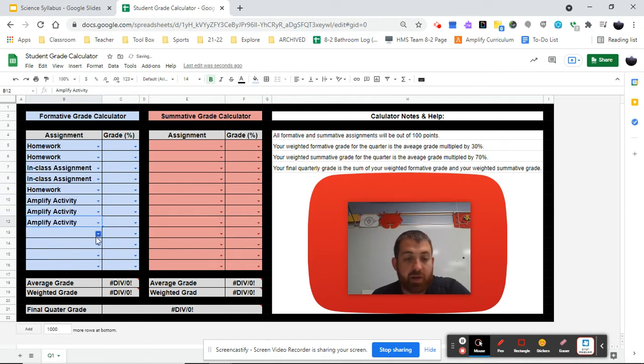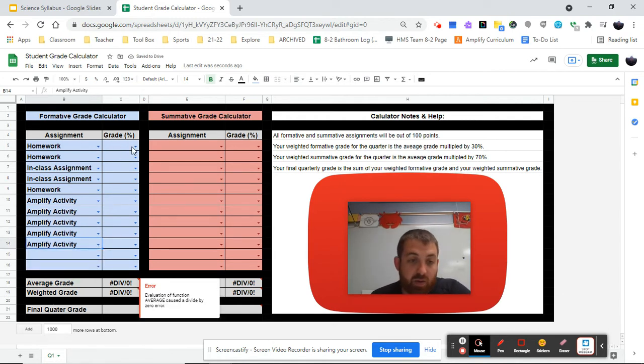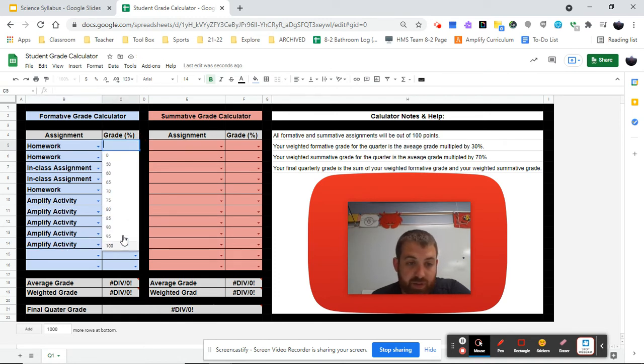And you can choose how many of these you want, you can choose how few you want. And from there, each assignment obviously would get a different grade. And in here, you have your different percentages. And yes, these are rough percentages, but you could choose what percentages you think you might get on those assignments, or if you want to put in percentages that you normally got or maybe got last year for each assignment.